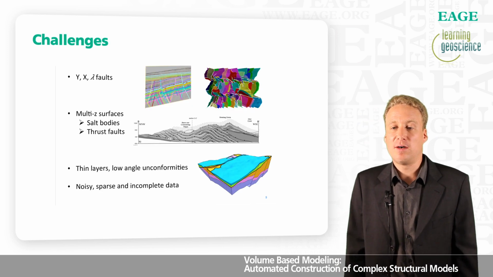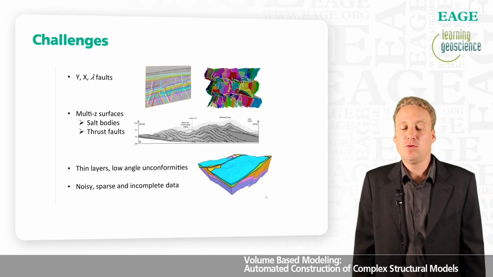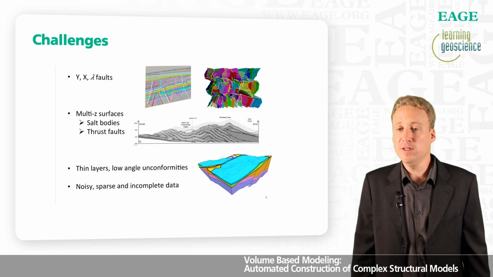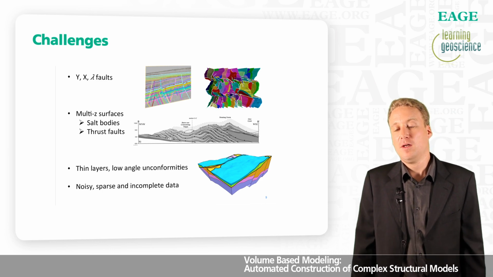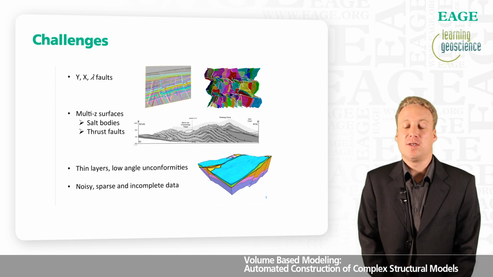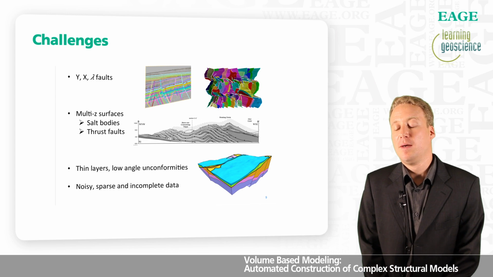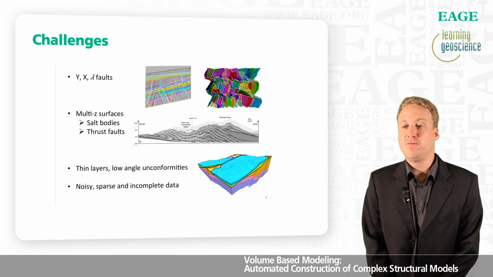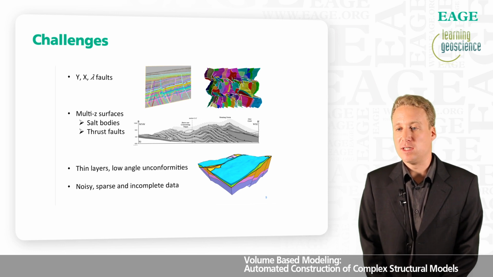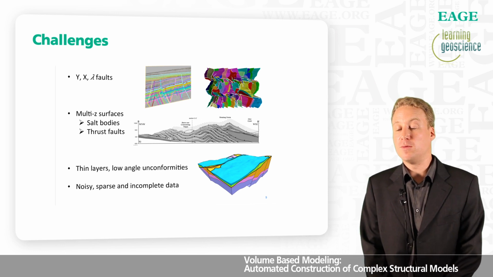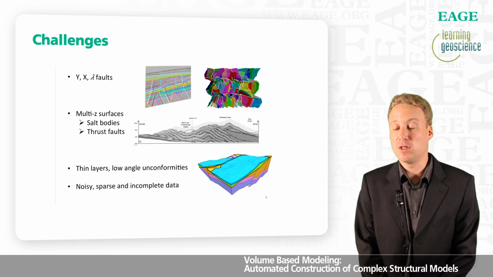Both these techniques are facing some challenges. And these challenges are related to complex geological environments, complex structurally and also complex stratigraphically. The first type of challenge is the handling of complex fault systems, Y faults, X faults, lambda faults, because these faults will impact the topology of the horizon surfaces. The horizons located at the bottom of the reservoir will have a topology that is different from the ones located at the top of the reservoir.